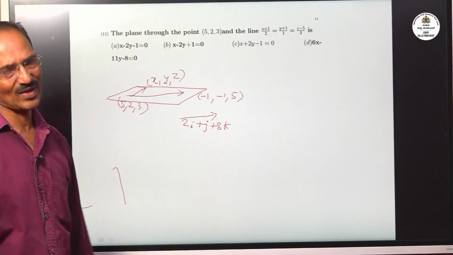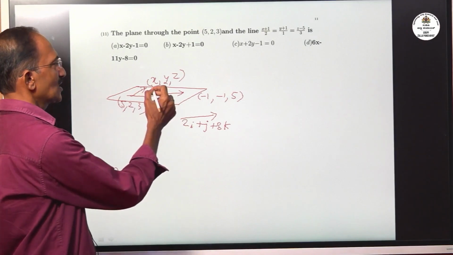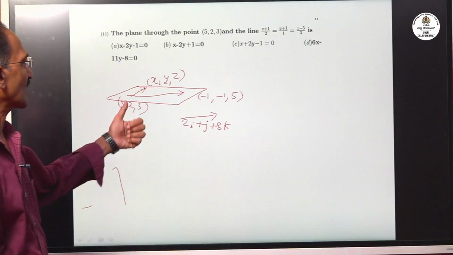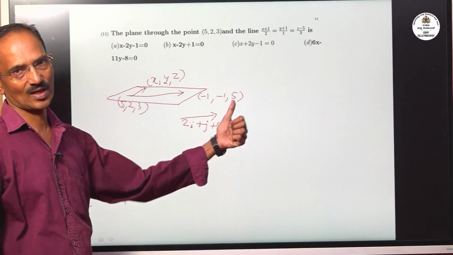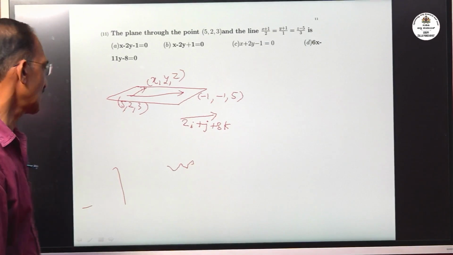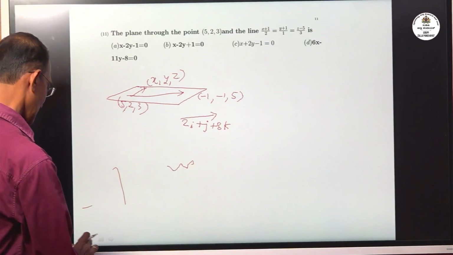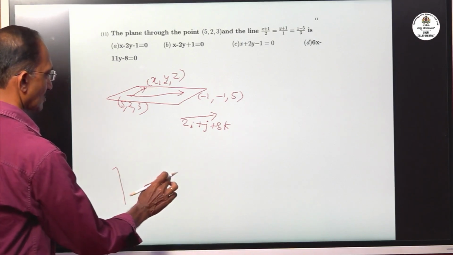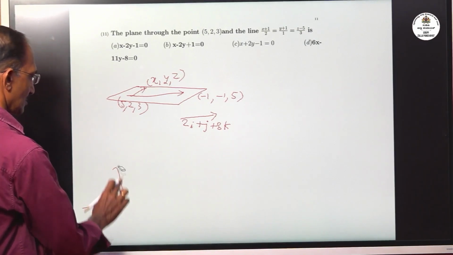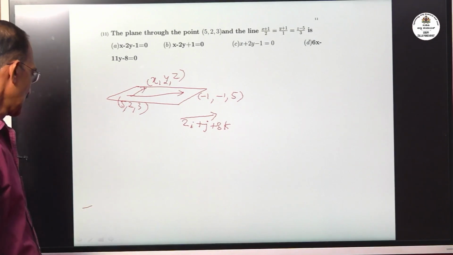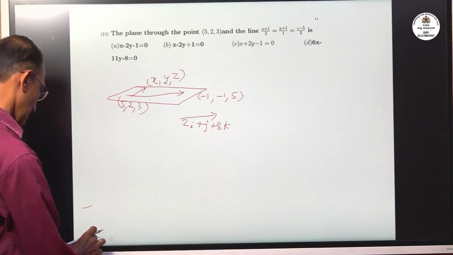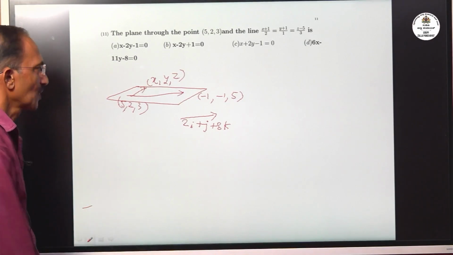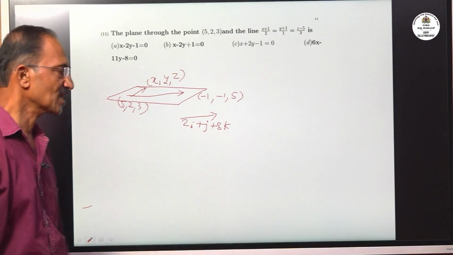So we consider the equation of the plane using these three vectors: the first vector joining (5, 2, 3) and (x, y, z), the second vector joining (5, 2, 3) and (-1, 1, 5), and the third vector, which is 2i + j + 3k.